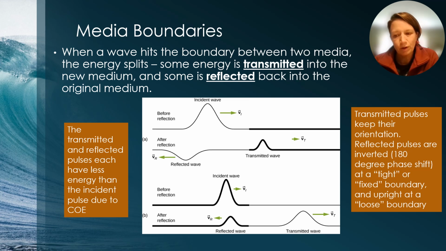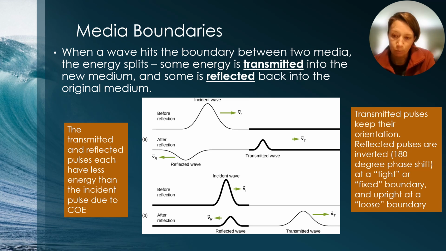There is something really interesting that happens when waves hit boundaries, and it has to do with the orientation of the waves. Transmitted waves, waves that go through a boundary, are always going to keep the orientation of the pulse that was coming in. So you'll notice in both of those diagrams, we have a crest or an up pulse coming in, and the transmitted waves are also up.